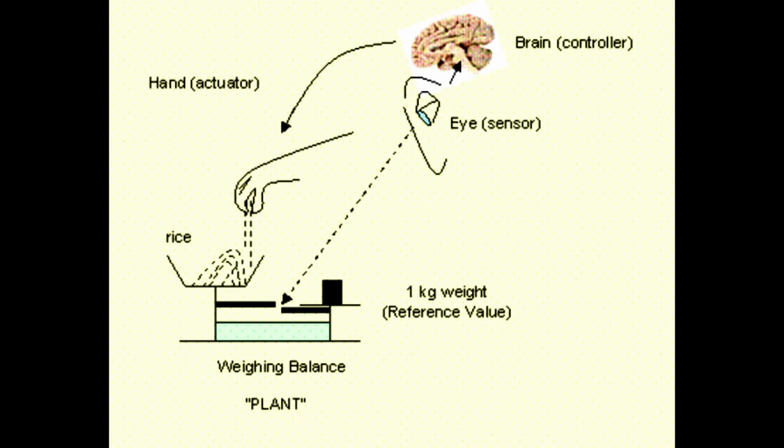Your hand is actually like an excitation system. It's an actuator. It is giving the muscle to put rice into the pan. Your eyes are the sensors which look at the difference between the positions of both the pans and try to estimate the error signal.